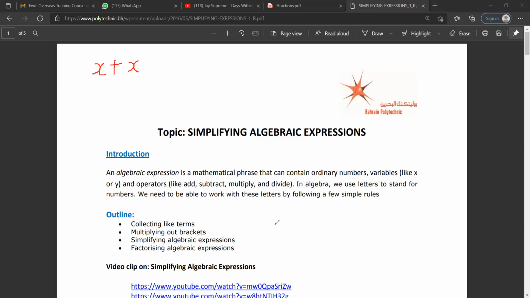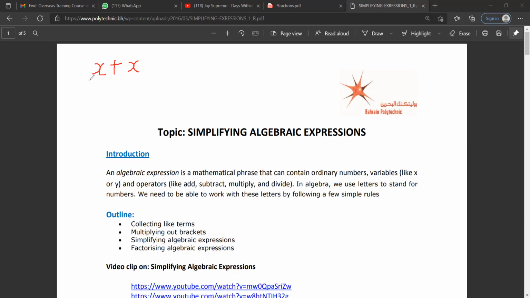Anybody else? All right, so the answer is 2x. It's basically adding. Nothing too complicated.